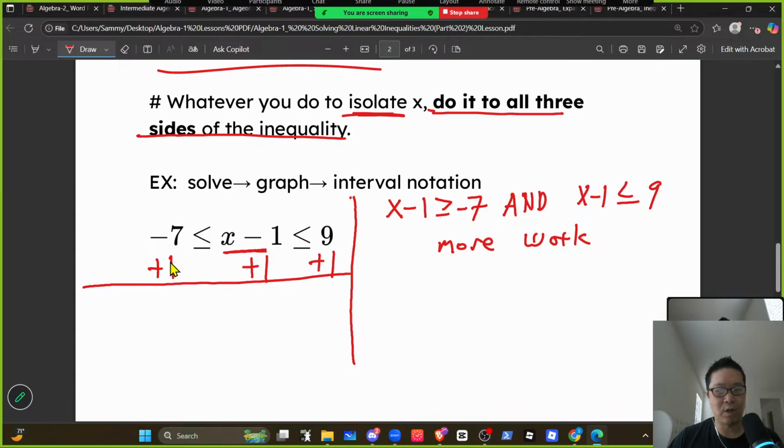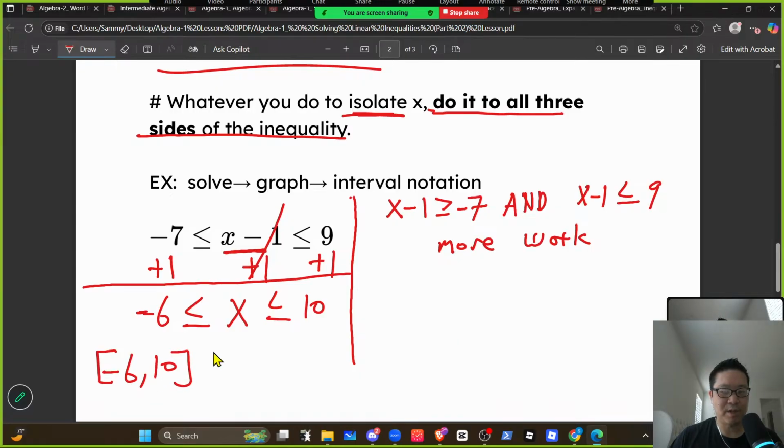So we're going to add 1 to all three sides. And when we do that, we get -7 and 1 is -6 on the left side. In the middle, we just have x. And on the right, we have 10. 9 plus 1 is 10. And so this is our inequality statement, which can immediately be translated into interval notation as square brackets -6 to 10, because x is between -6 and 10.